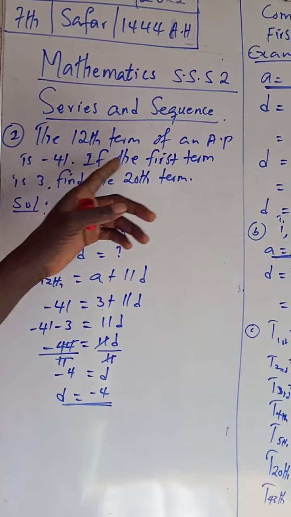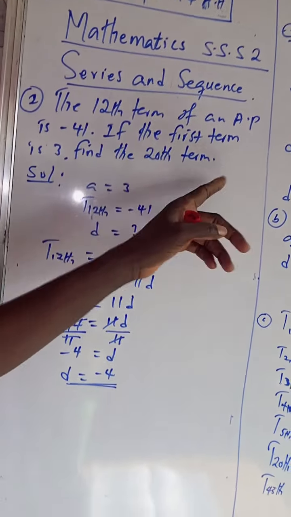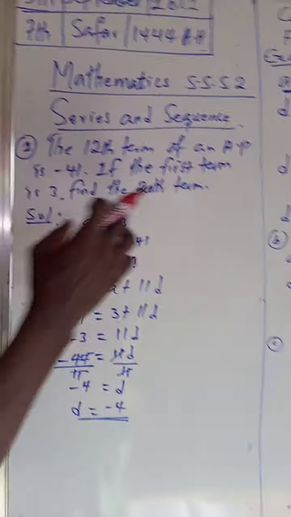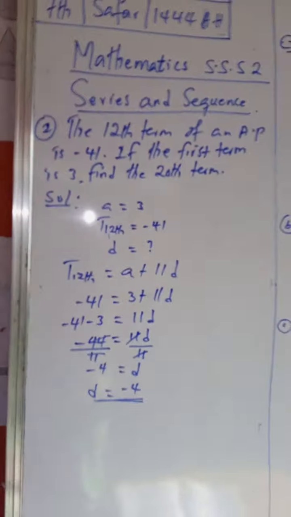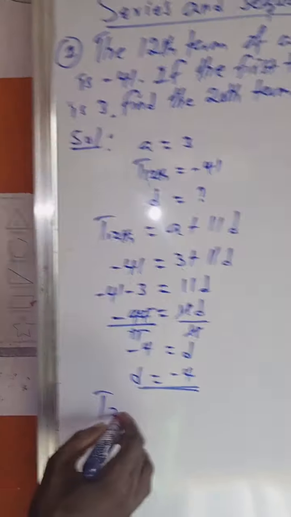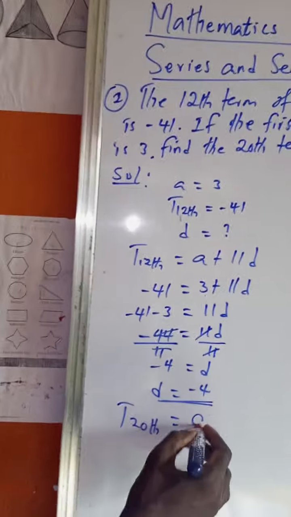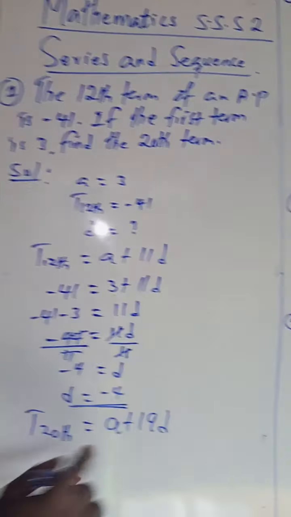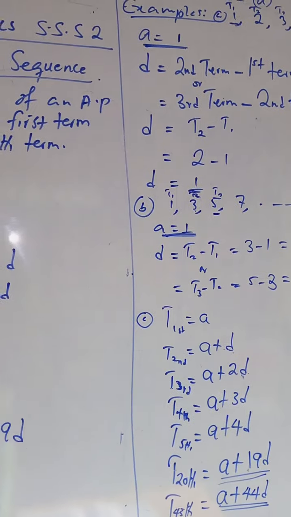Then they ask us to find the 20th term, so we go ahead to look for it. The 20th term, t20, is equal to a plus 19d; subtract 1 from the 20th.